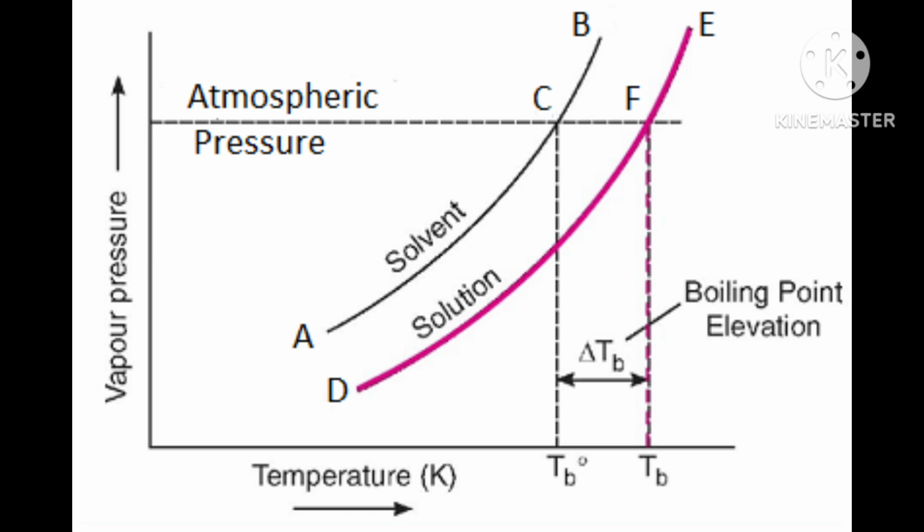You have to put the values of N1 and N2. The formula you know: N2 means number of moles of solute. The number of moles is the mass of solute divided by molecular mass. So N2 is equal to the number of moles.